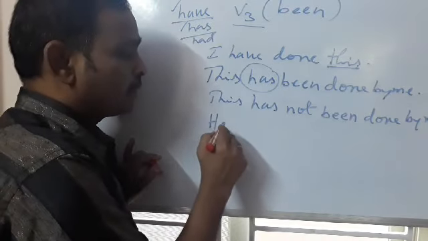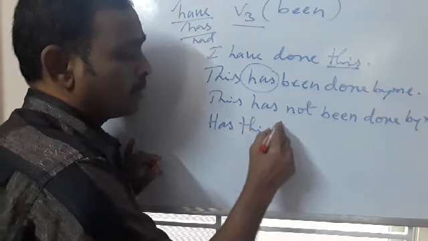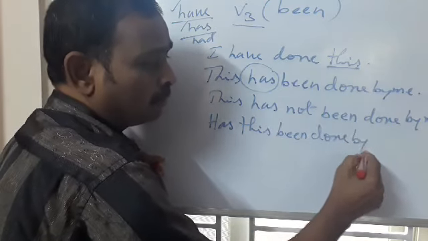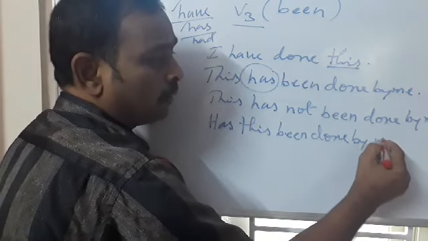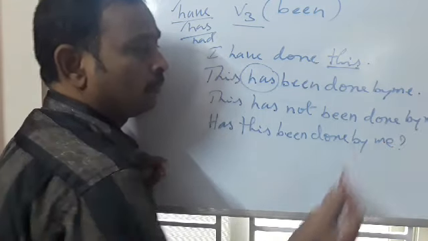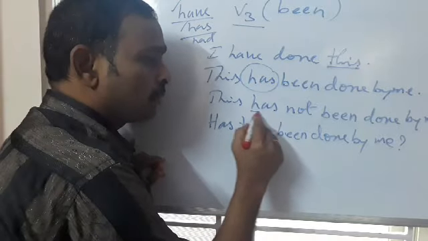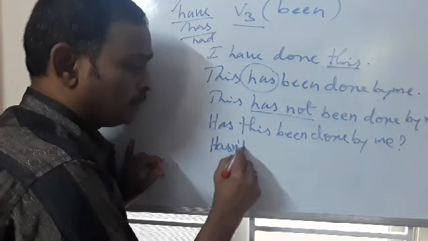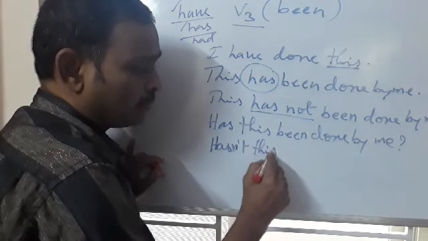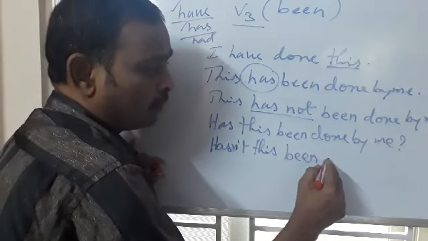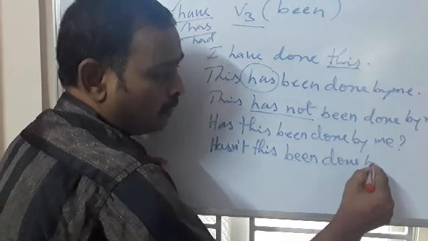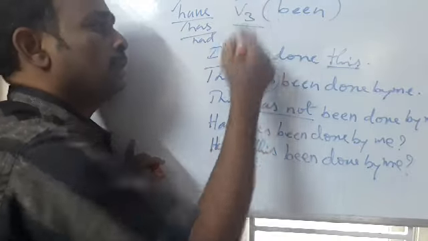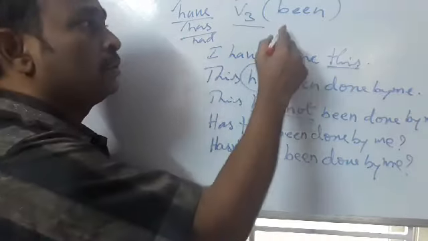So, has this been done by me or by you? Okay. If you want to write a negative, so hasn't, bring hasn't this been done by me? So like that, with the verb 3 we can write using been.